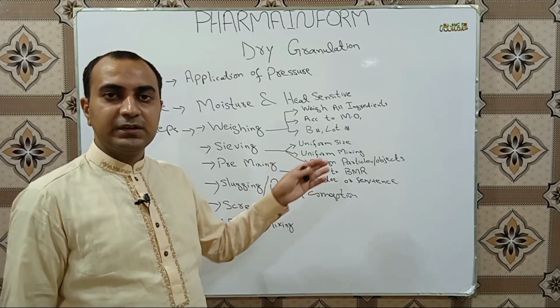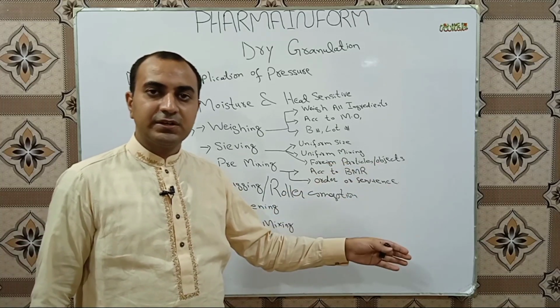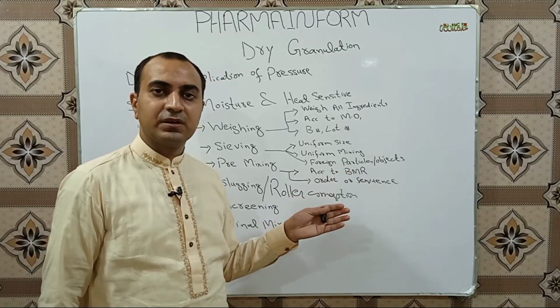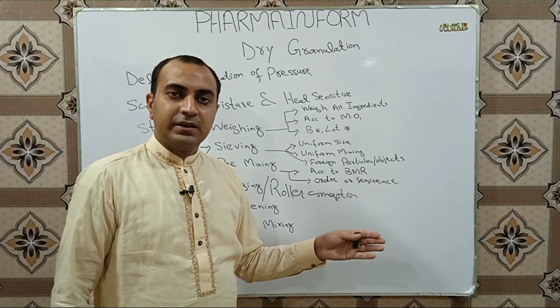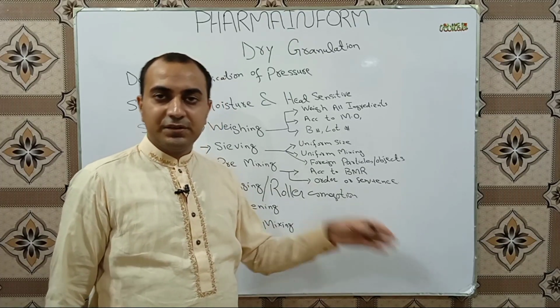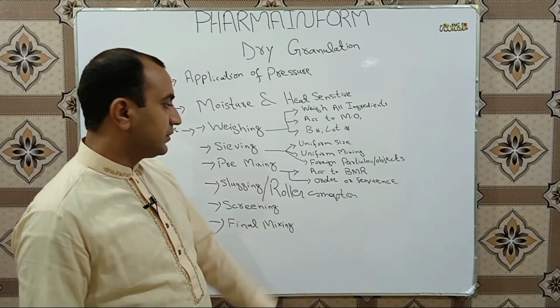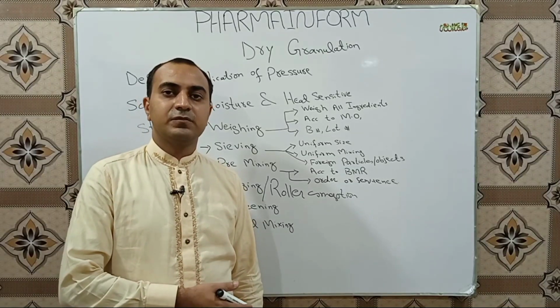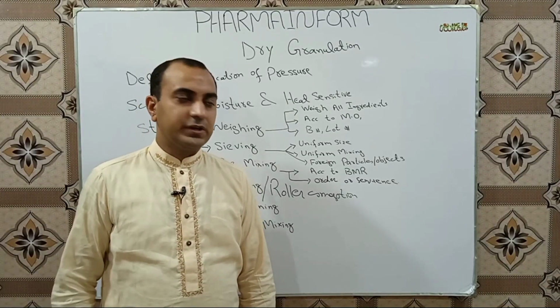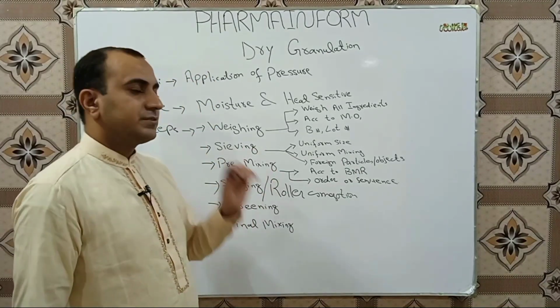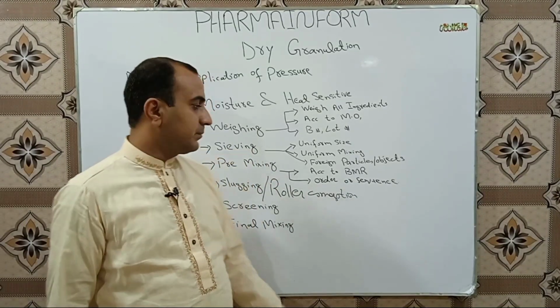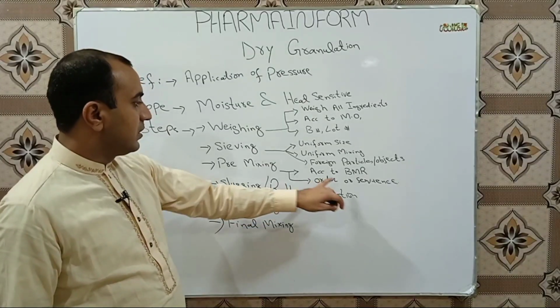You can use API, diluents, colorants and disintegrants for pre-mixing. You can use simply diluents, disintegrants and colorants for pre-mixing. It depends upon our formulation. For detail you can watch the pre-mixing step in our wet granulation series. Here is a brief overview.